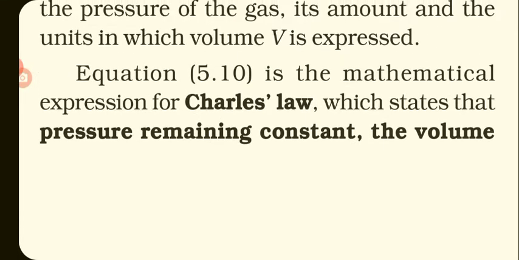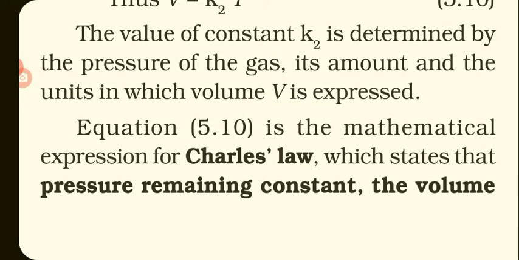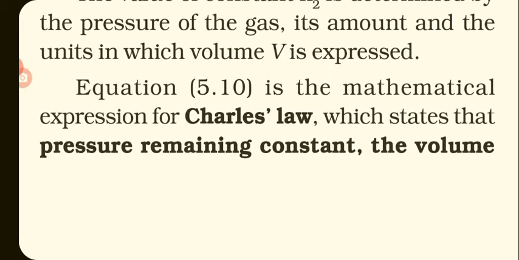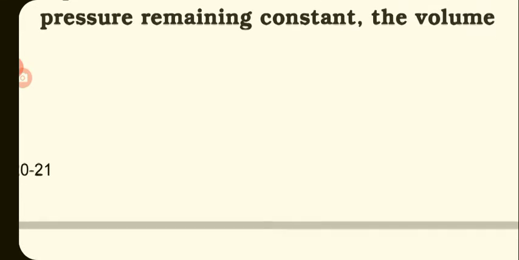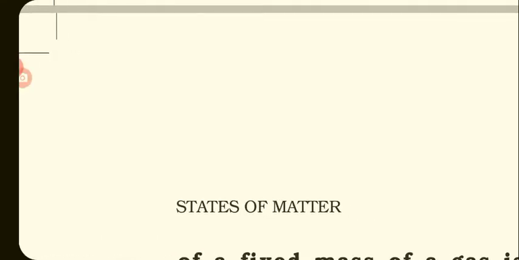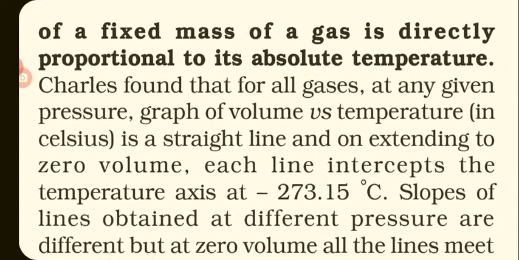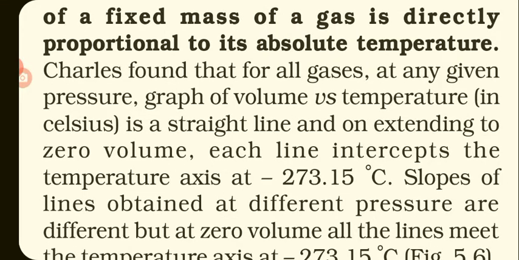So equation 5.10 is the mathematical expression for Charles law, which states that pressure remaining constant, the volume of a fixed mass of a gas is directly proportional to its absolute temperature.